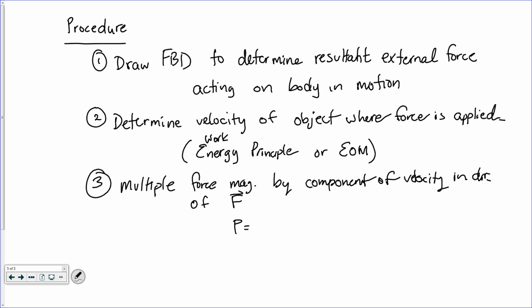So P is equal to F dot V, but that's also equal to FV cosine theta based off of our definition of the dot product. So step 3 is basically saying skip to this step. If you can resolve the force in the direction of the velocity, which would be F cosine theta, and then multiply times the velocity, or you can resolve the velocity in the direction of the force, V cosine theta, and then multiply times the magnitude of the force.